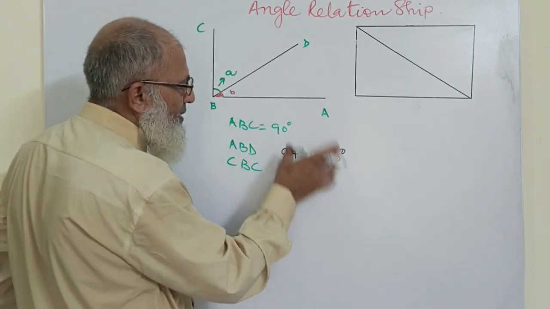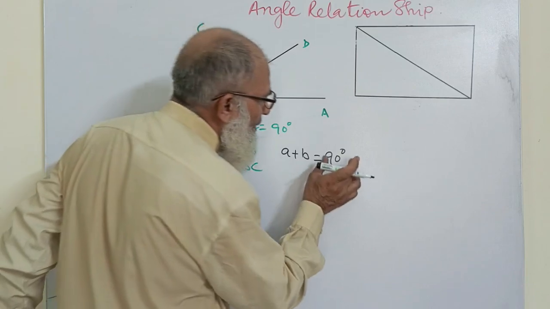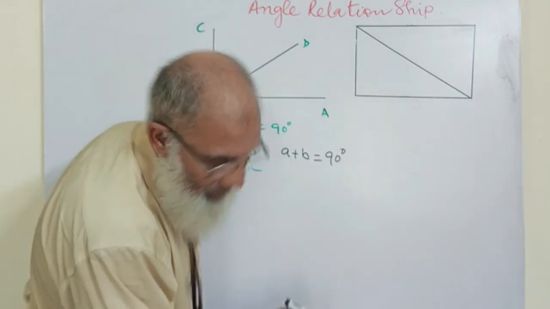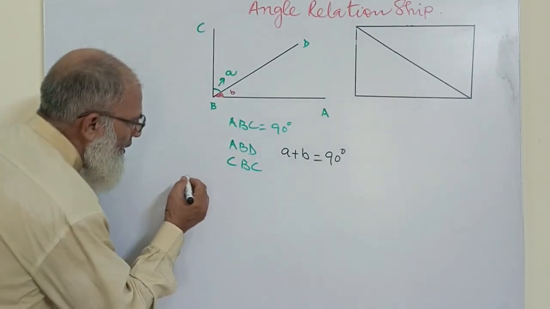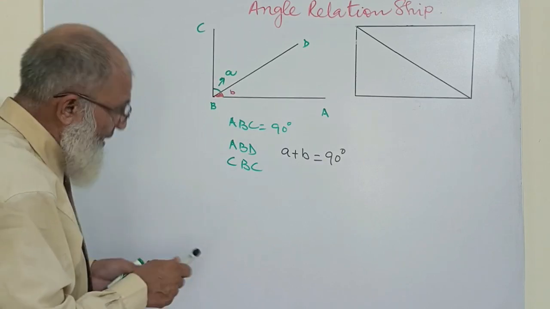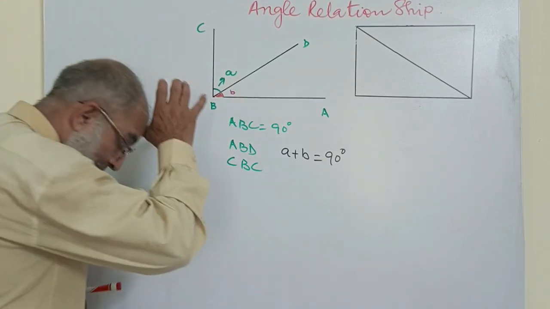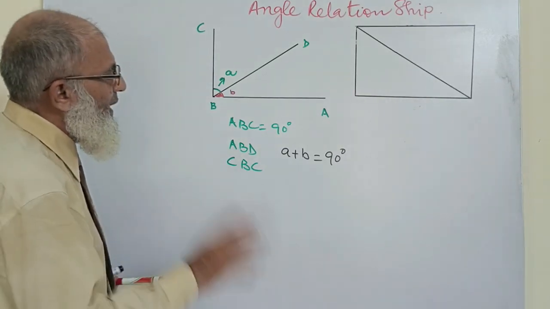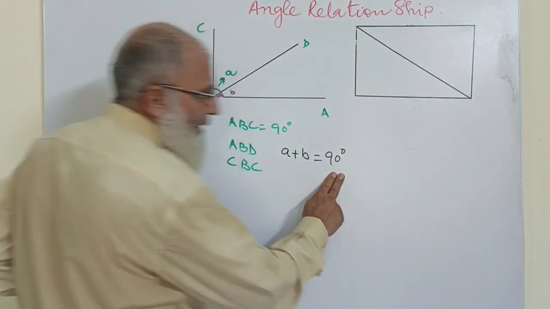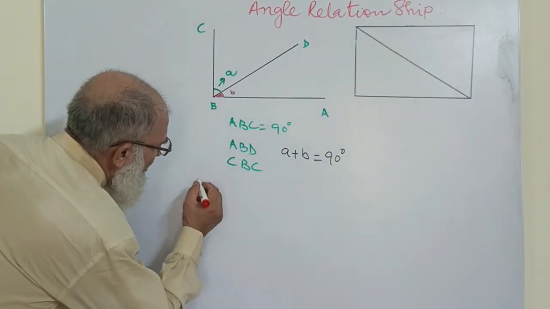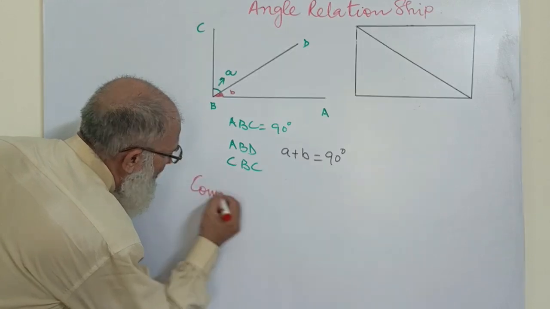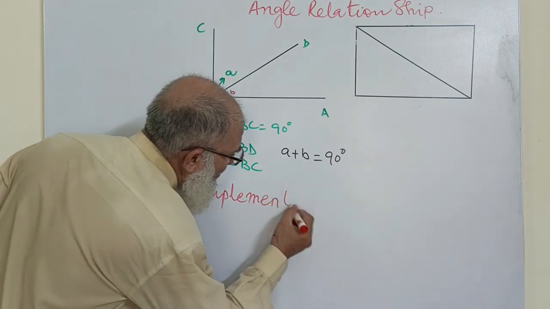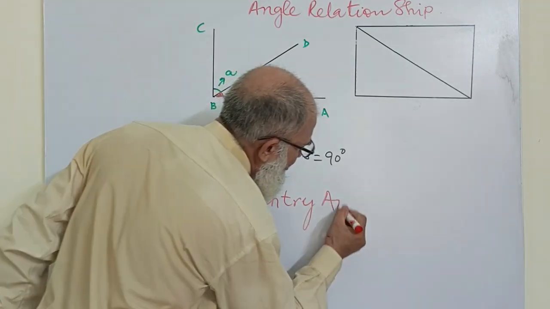Such angles which by summation come up with 90 degree are called complementary angles. When two angles when added give the result 90 degree, then these are called complementary angles.